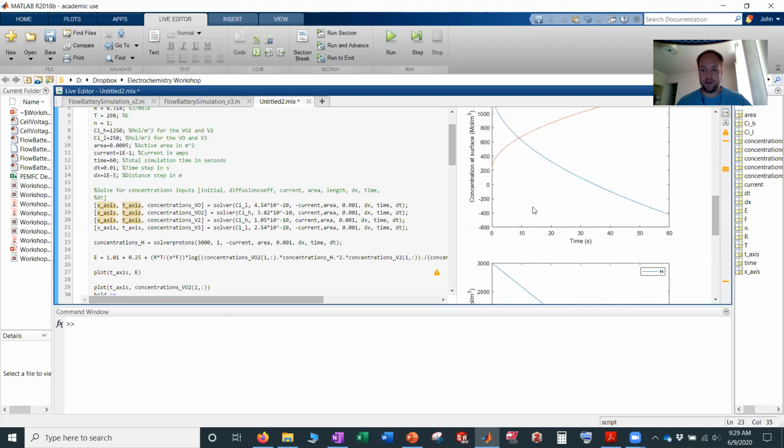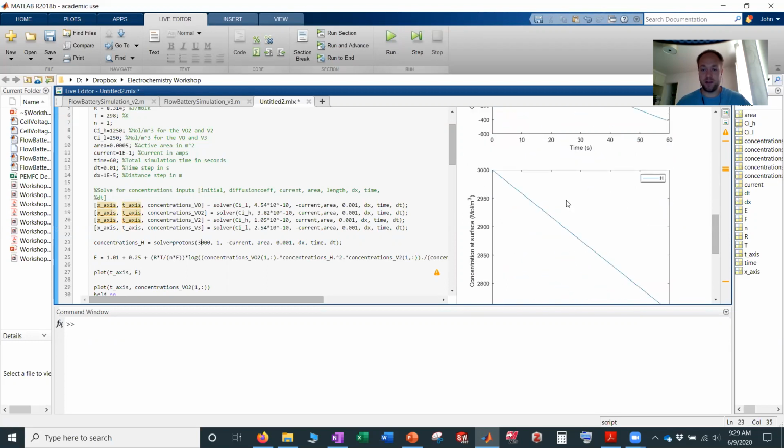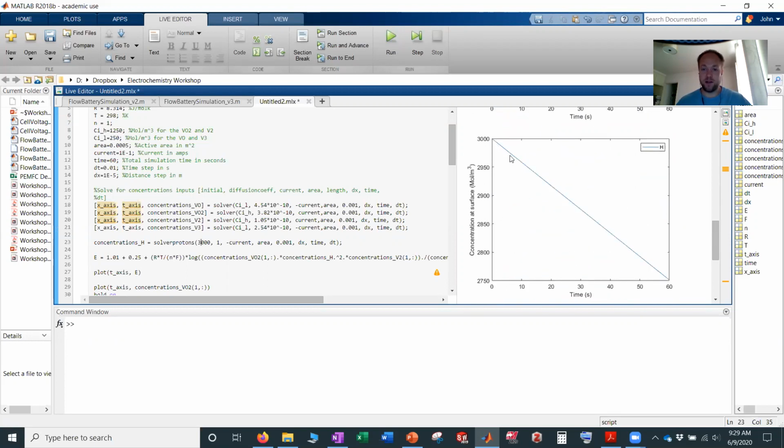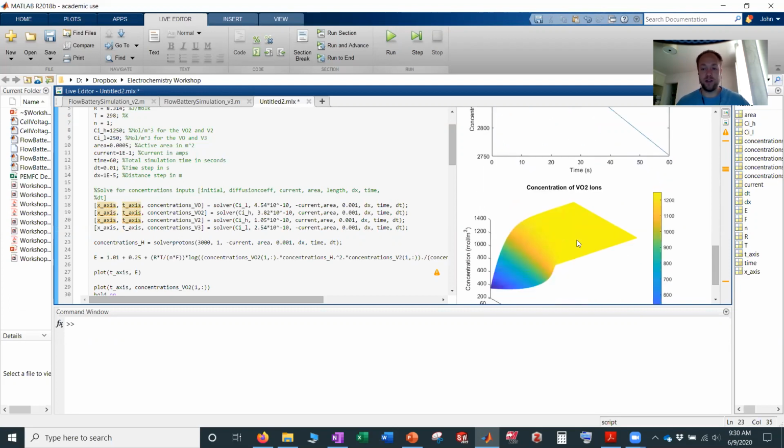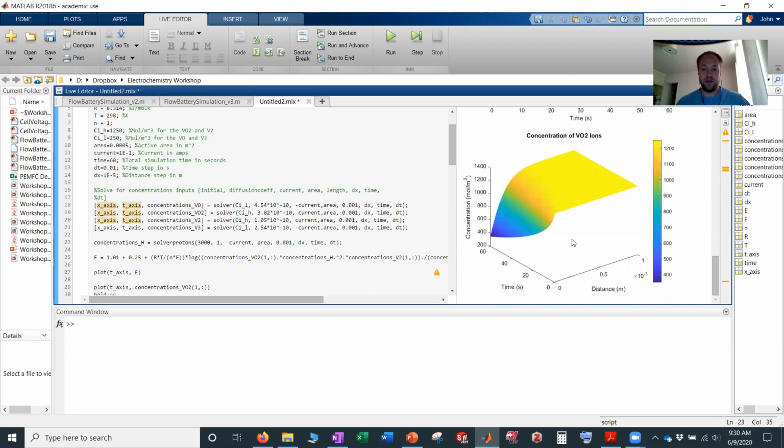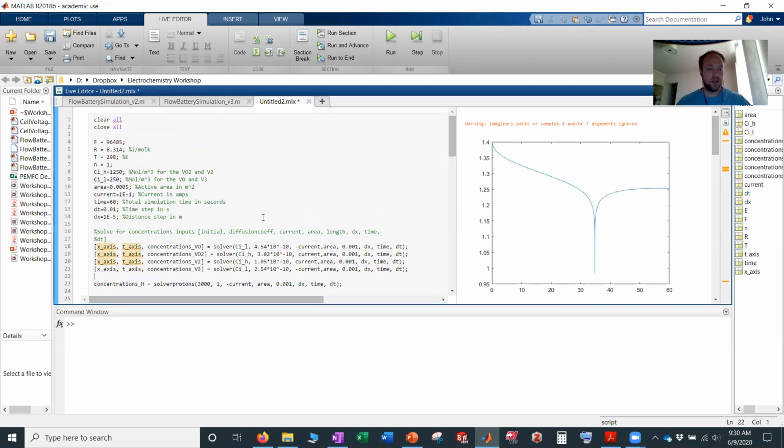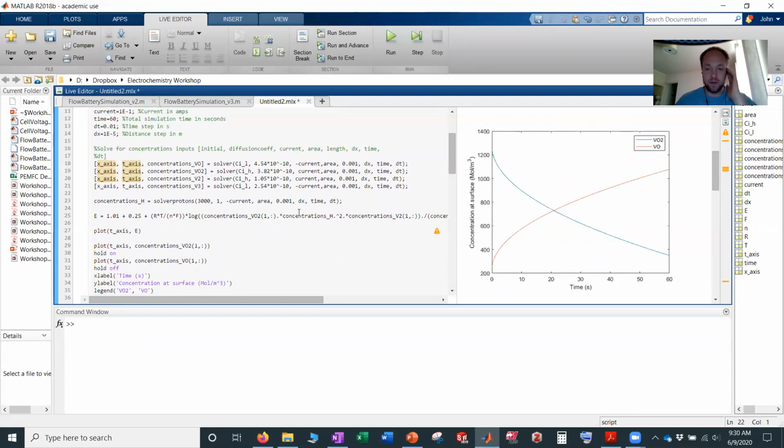This is still dying at about 32 seconds. We see slowly we're consuming our protons and producing water. That looks good. All right, this all looks good. Okay, so what we want now back. What is this?